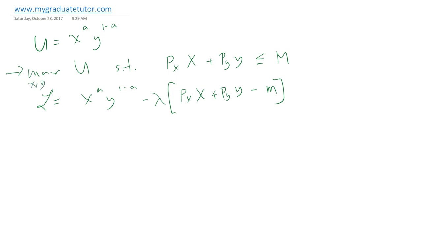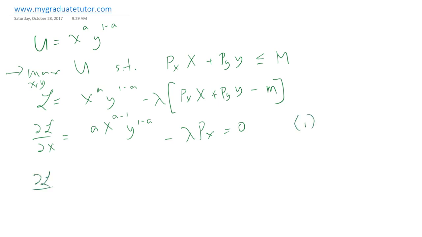Right, so the first step is to get the partial of L with respect to x, and that's going to be a x raised to a minus 1, y raised to 1 minus a, minus lambda px, and we set this equal to 0. Let's call this equation 1.